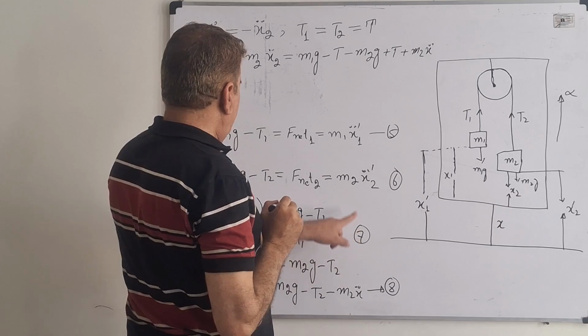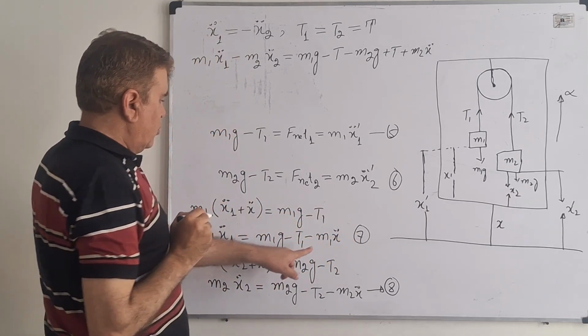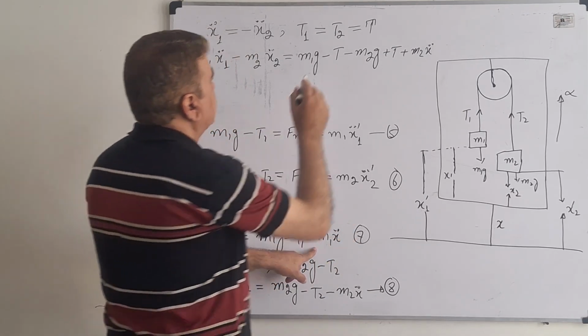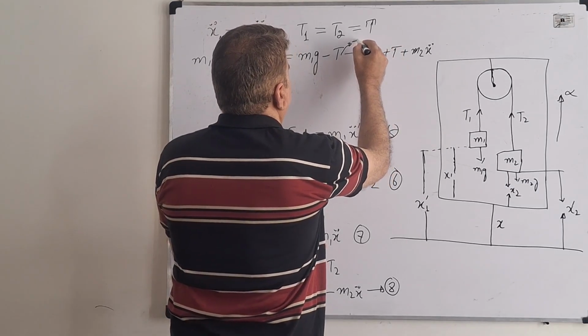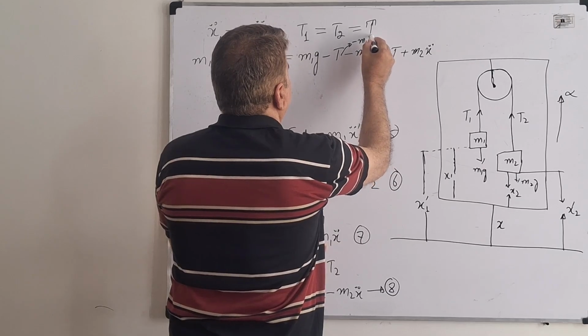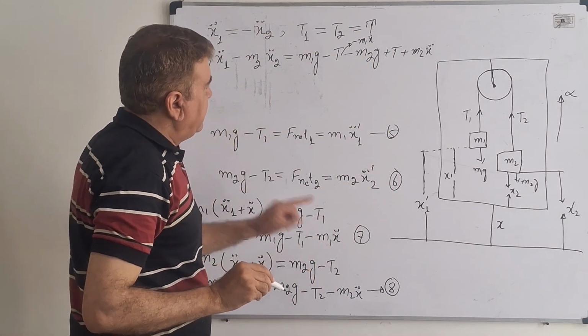Here I missed one term: at this position we should have minus m1 x double dot, that must be here.